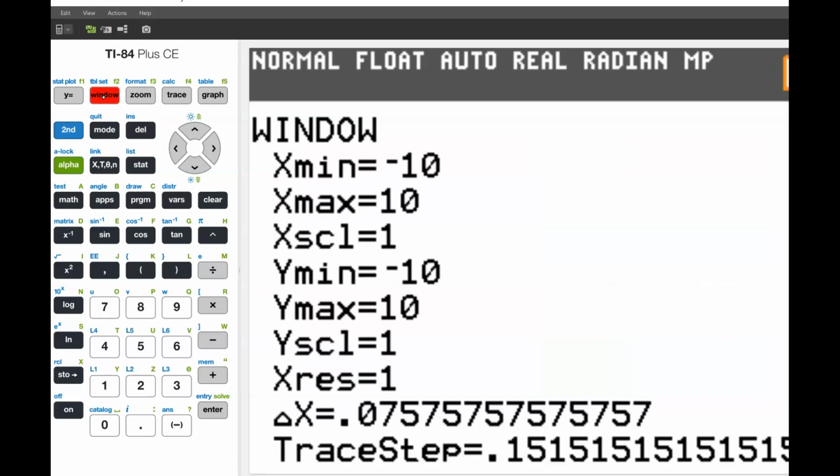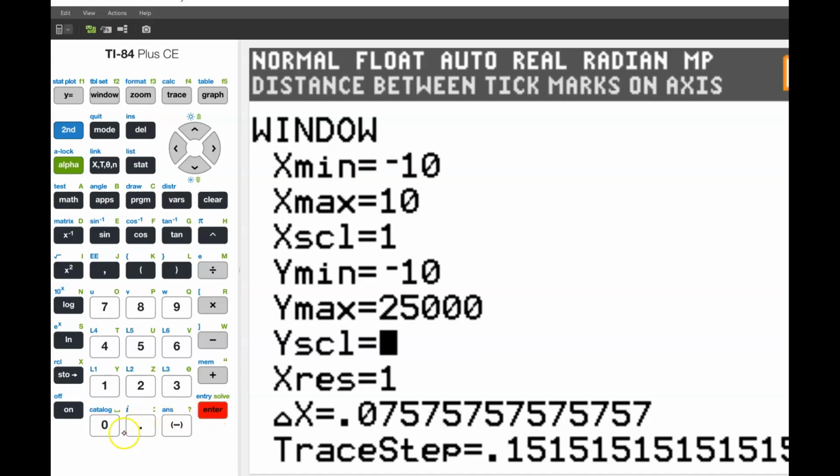So let's go to my Y max. Let's go up to maybe 25,000. And I would recommend changing your Y scale to 0. The Y scale is just how close together the calculator puts tick marks.